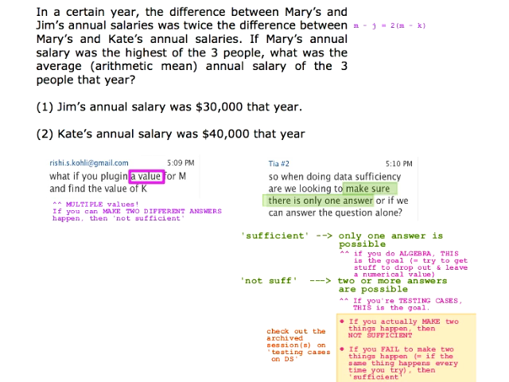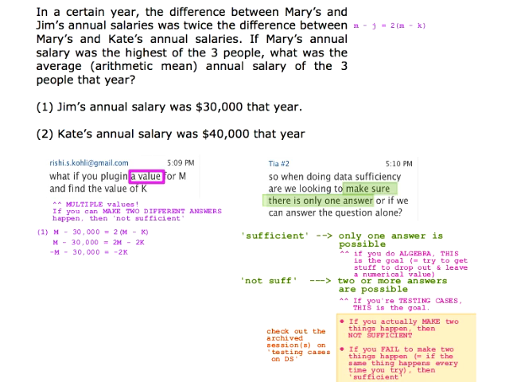Okay, so statement 1, you have M minus 30,000 equals 2 times M minus K. We can rearrange that. So M minus 30,000 is 2M minus 2K. Subtract it: minus M minus 30,000 equals minus 2K.